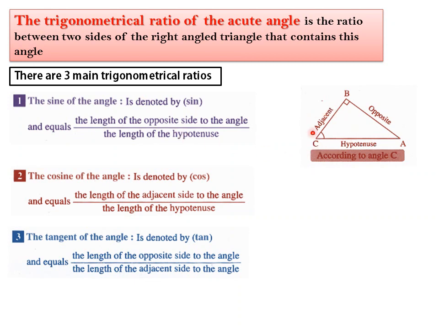For example, for C: sine C equals the length of opposite over hypotenuse. Cosine of angle C equals the length of adjacent over hypotenuse. Tan or tangent of C equals opposite over adjacent.